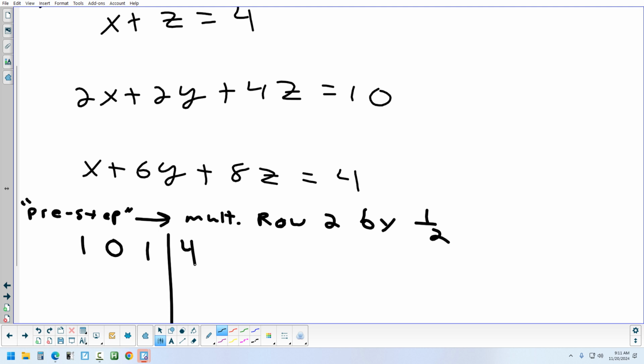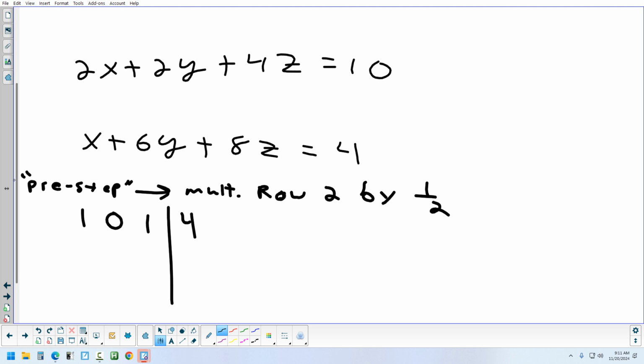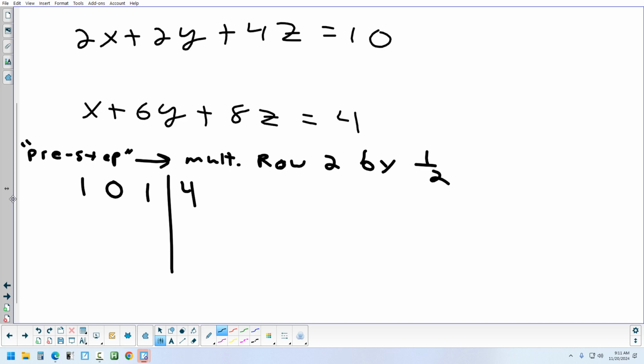And now what would row 2 be if we take half of everything? 1, 1, 2, and 5. Yep. And now what would my third row be? 1, 6, 8, 4.